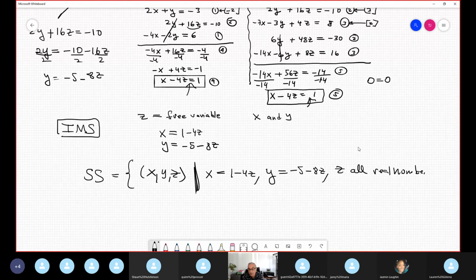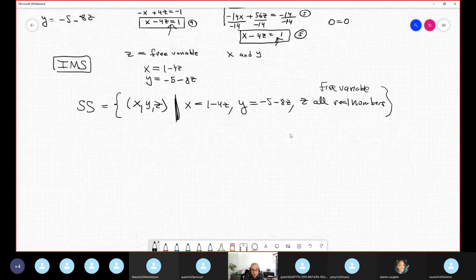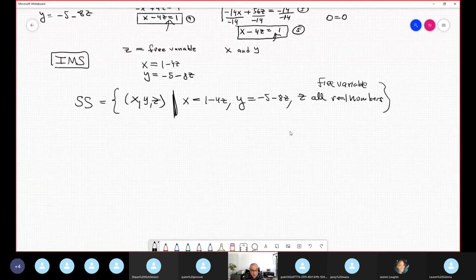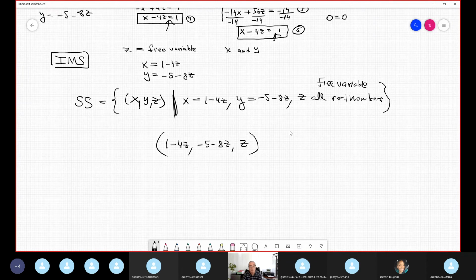By the way, it is identical to say free variable. Another possibility is not necessarily the curly bracket. You open one parenthesis, then you declare that x is 1 plus 4z, y is negative 5 minus 8z, and z is just z, which indicates it's free. These are two different ways to express the final answer of infinitely many solutions.